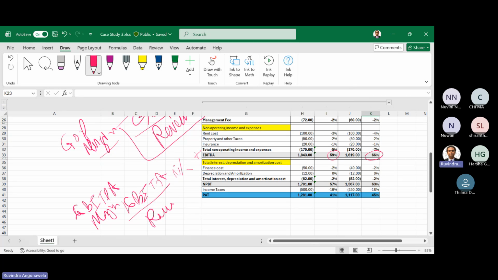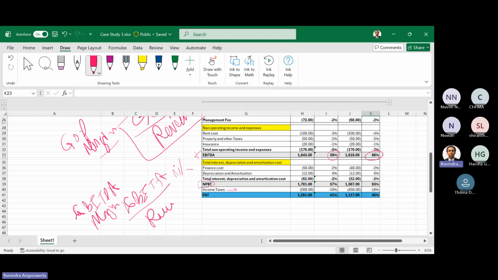And then you finally have the NPBT, or net profit before tax. Some may call it net income also, but it's net profit before tax. And then we have the income taxes. Income taxes are the taxes that you pay on the profitability of the company to the government.